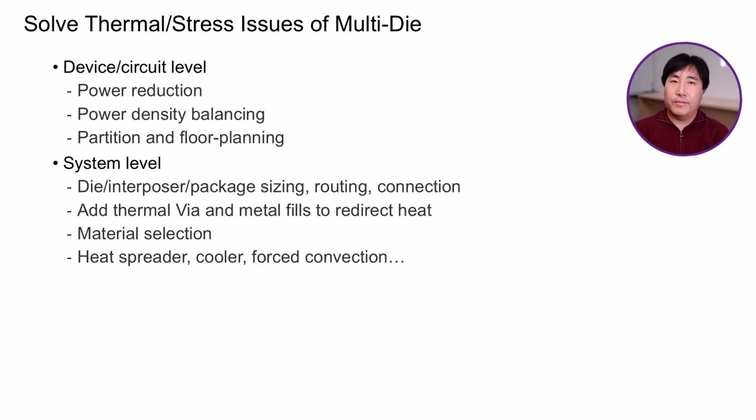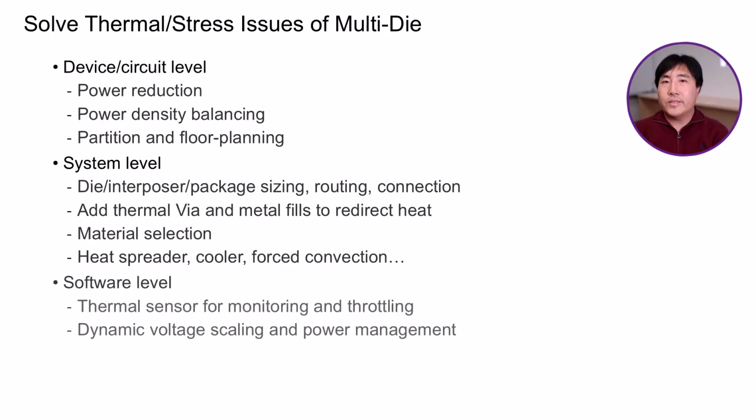And don't forget, material selection is crucial, especially early in design. At the software system level, they can deploy thermal sensors, heat spreaders, and dynamic cooling solutions. And they can apply voltage scaling and thermal throttling approaches. These countermeasures against structural integrity problems work together to manage heat and preserve structural integrity of your multi-die system.